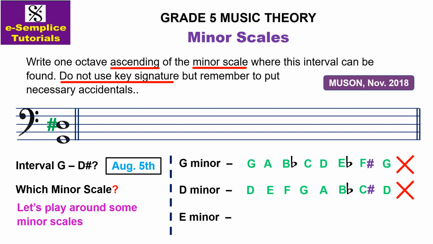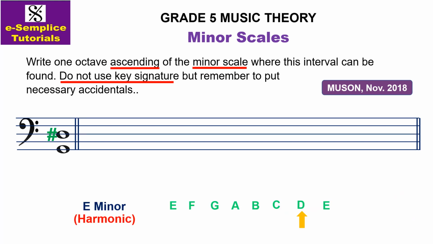Well, let's try E minor. So we go E to E, natural key signature accidental, raise the 7th note. Do I have G to D sharp here? Of course I do. So this is the correct guess. Now let's work on our scale now.